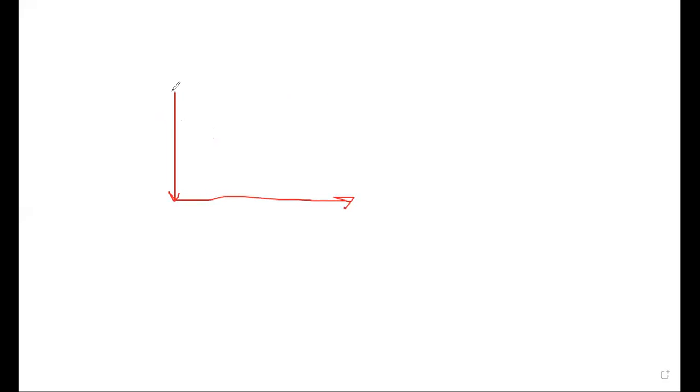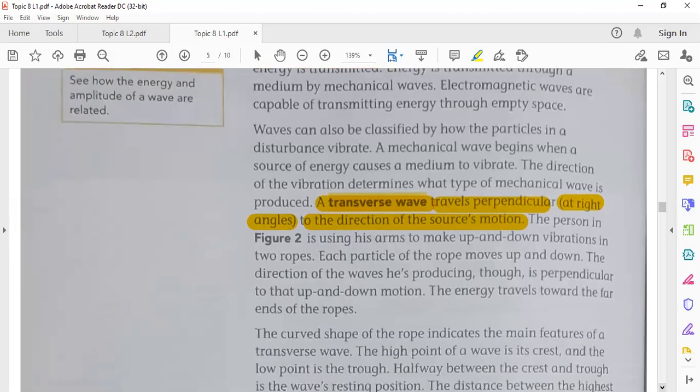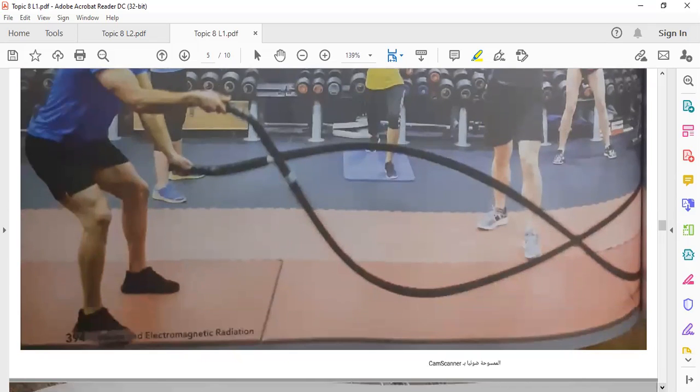They are perpendicular to the direction of the motion of the vibrations. Look again. A transverse wave travels perpendicular or at right angles to the direction of the source's motion. Look here, this is an example of transverse waves.